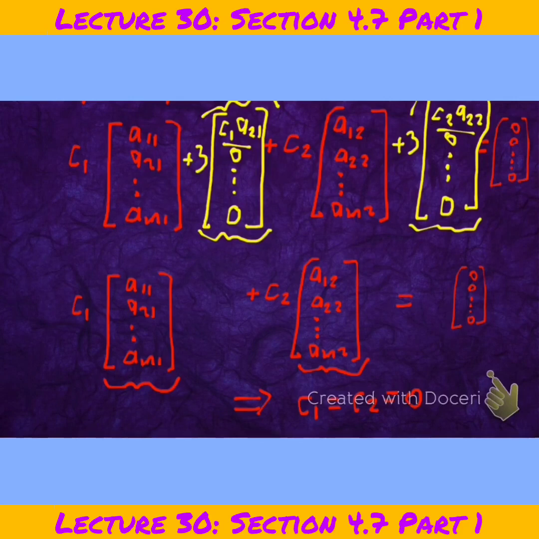As in this example, we assumed the first two columns of the matrix A are linearly independent, and then we changed a row. We added 3 times the second row to the first row and formed a new matrix, and we showed that the first two columns of the new matrix are also linearly independent, and vice versa.